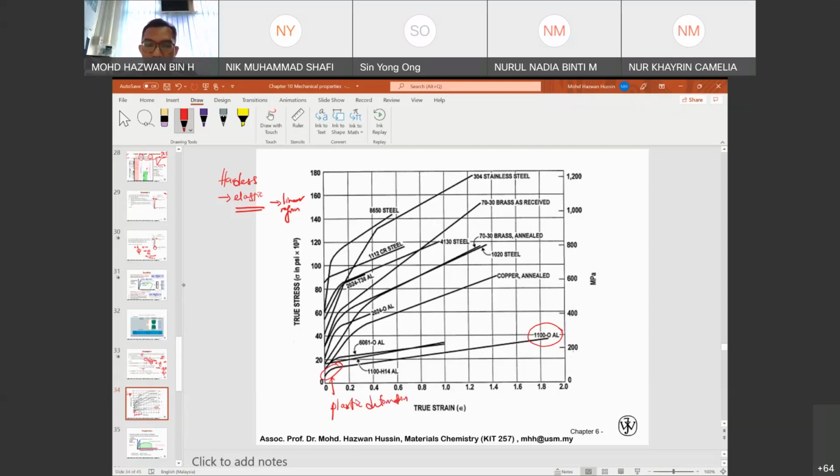Okay, right. So what about stainless steel 304? So meaning that this material is not the hardest one. At least, I mean, well, basically it's the least hardest, right? So 304 stainless steel. Okay.